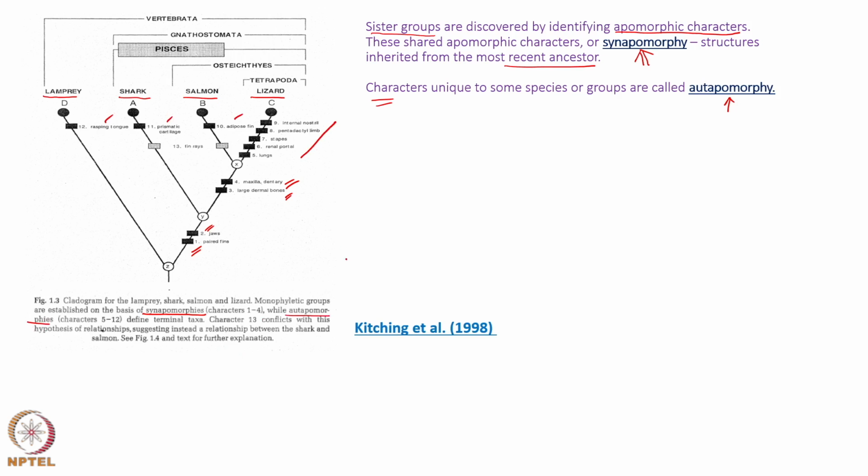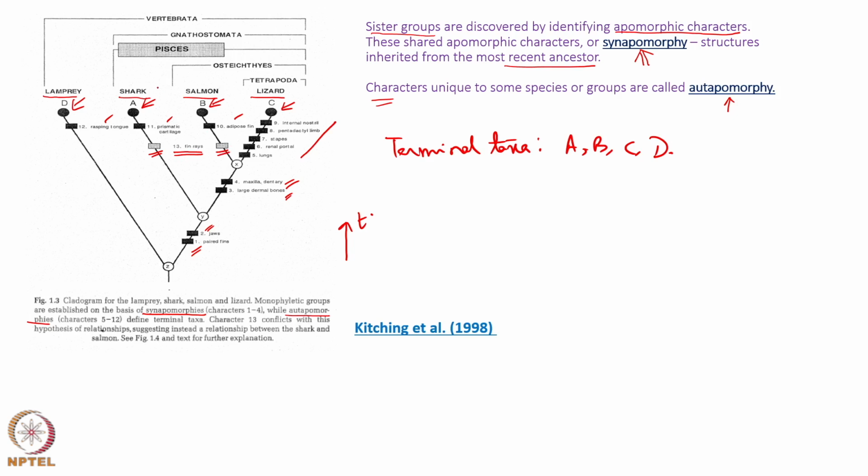If the evolution has gone in this way, then C lizard, B salmon, A shark and D are the terminal taxa. Character 13, development of fin rays in shark and salmon, probably happened independently.